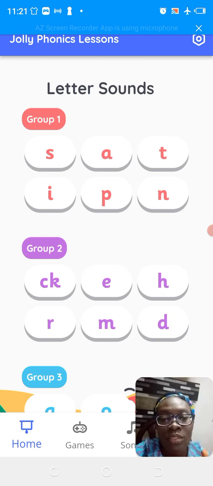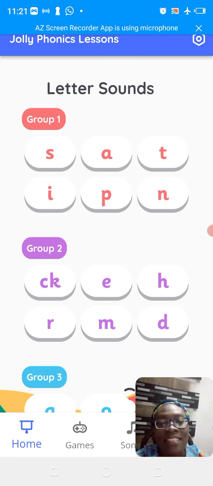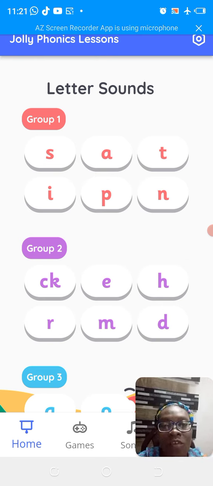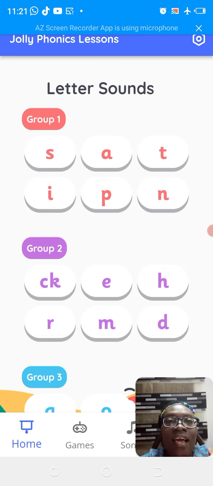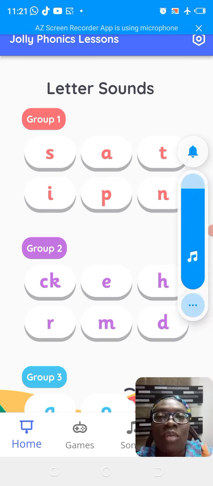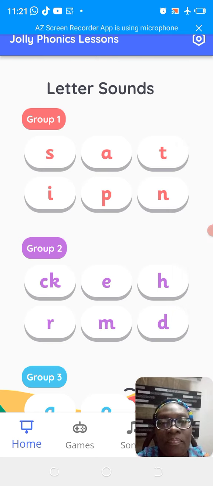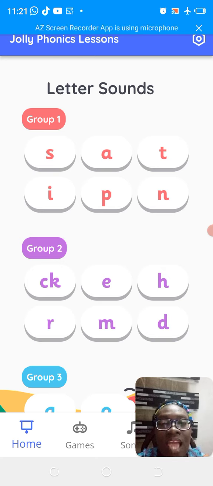Today we are going to continue in the business of teaching children how to read. Of course with Jolly Phonics. Why Jolly Phonics? Jolly Phonics helps children to read with ease through different means like storytelling, actions, and songs.